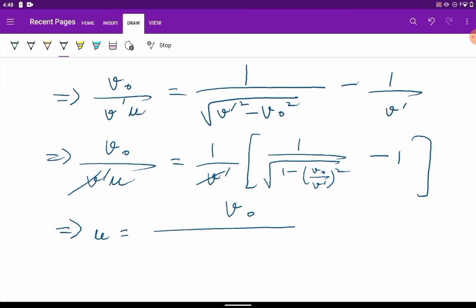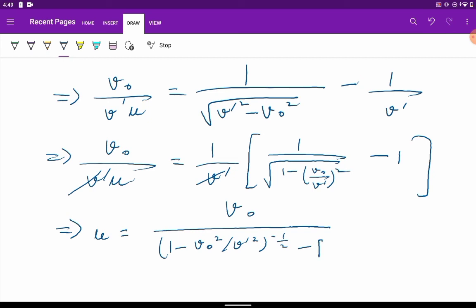divided by, we can write it as 1 minus v naught square by v dash square whole power minus half, right? This goes in the denominator, and obviously this minus 1.